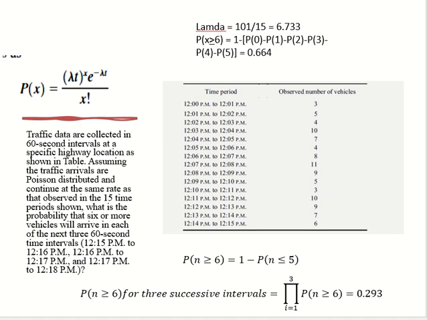And what is the probability that in the first minute I will have 6 or more cars and the next minute I will have 5 cars? 6 or more in the first minute, 5 in the second. This one times this one. Multiply by the probability of 5.